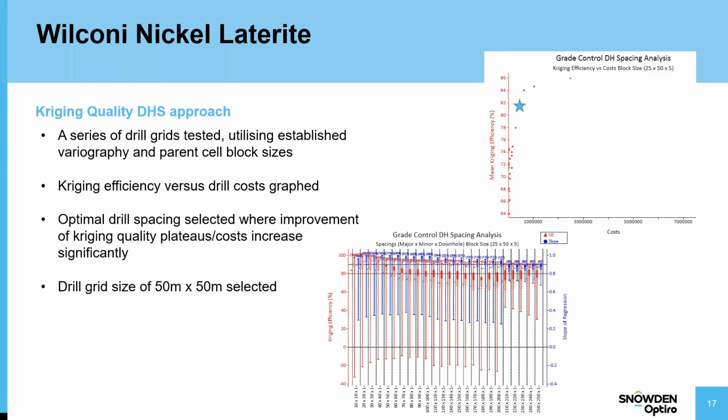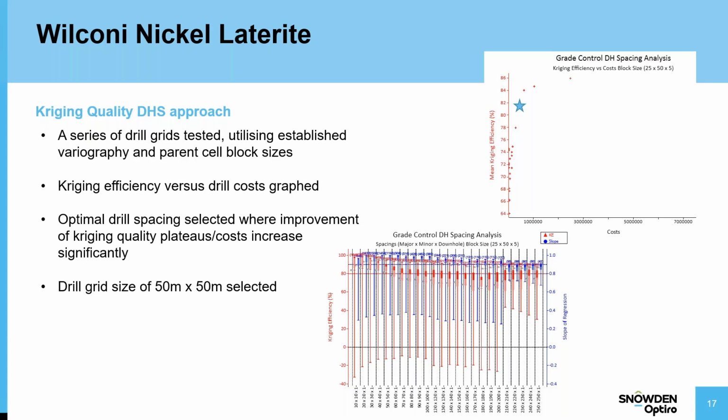So the kriging quality drill hole spacing approach, we had our grids defined, and we graphed the kriging efficiency versus drill costs. On this side, again, that's a relative cost. And we selected the optimal spacing where the improvement of the kriging quality plateaus.